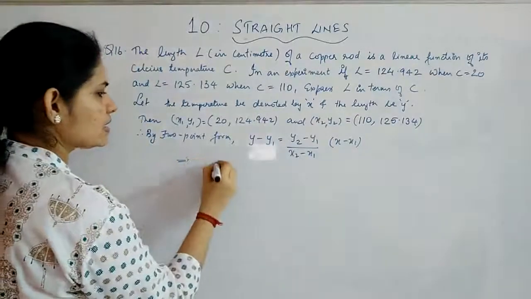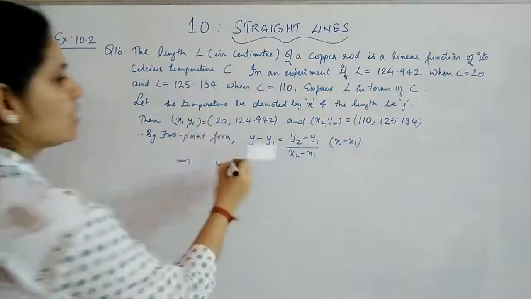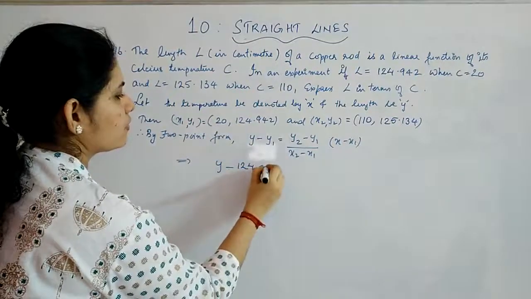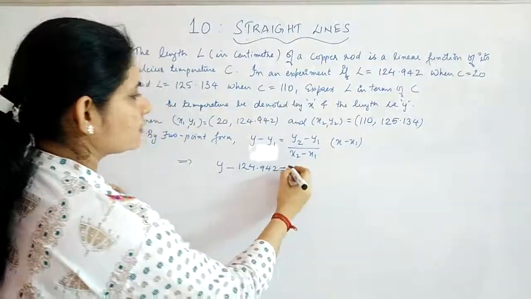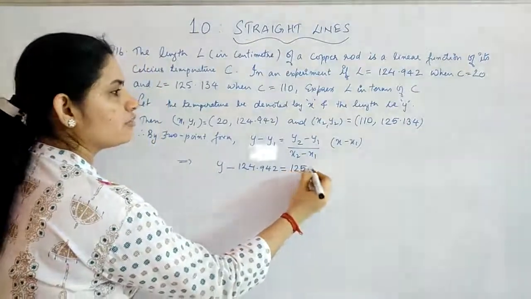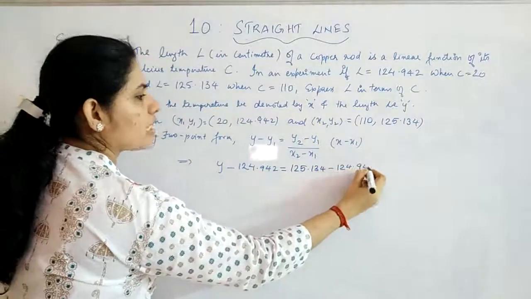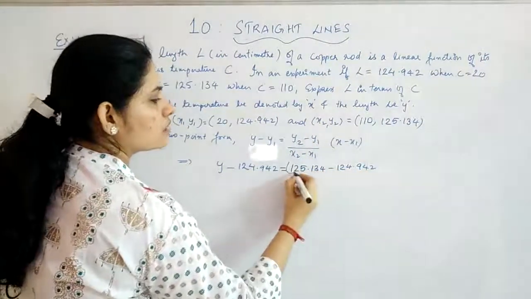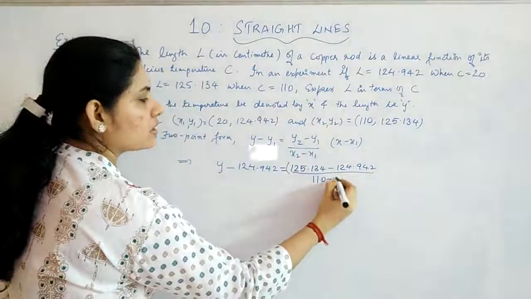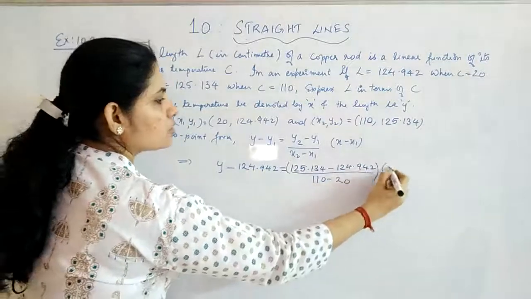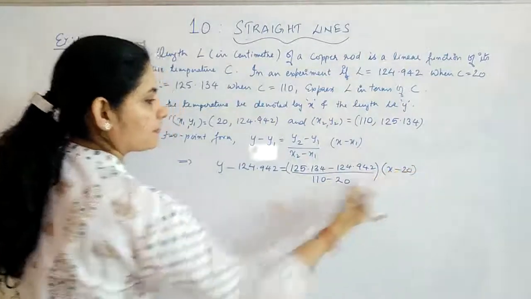Now we are just replacing, that is y minus, what is y1? y1 is 124.942 equal to, you will have 125.134 minus 124.942 divided by x2 minus x1 is 110 minus 20 into x minus x1 is again 20.